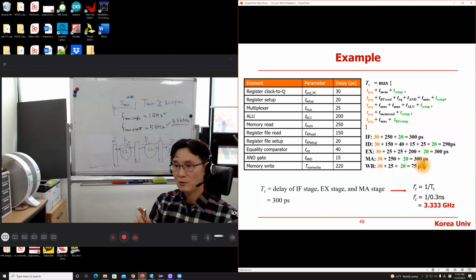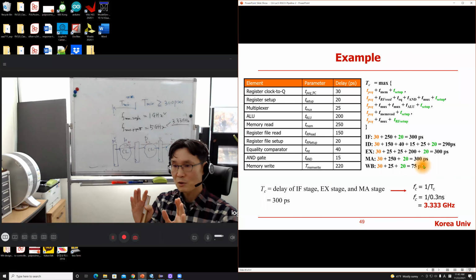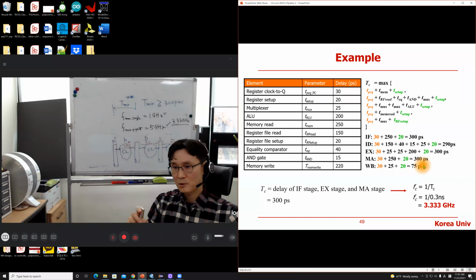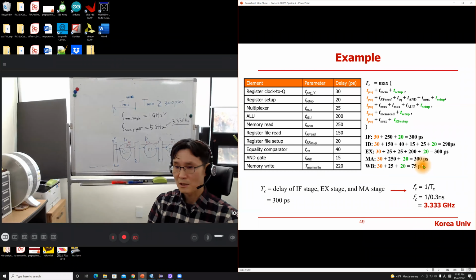So which component, which hardware component do you want to place in the write back stage, memory access stage, and so on. But in this implementation, fetch stage and memory access stage, the majority of the time is 250, right? That is what?